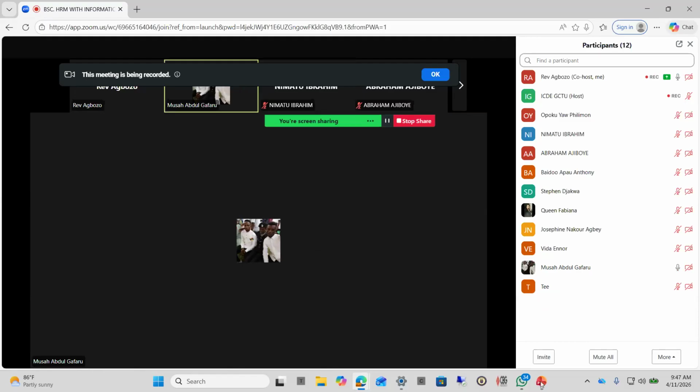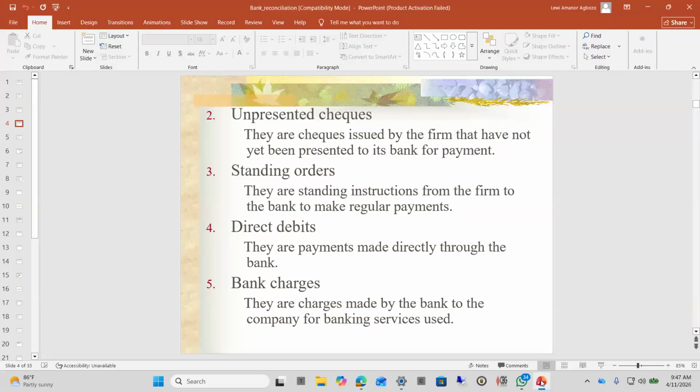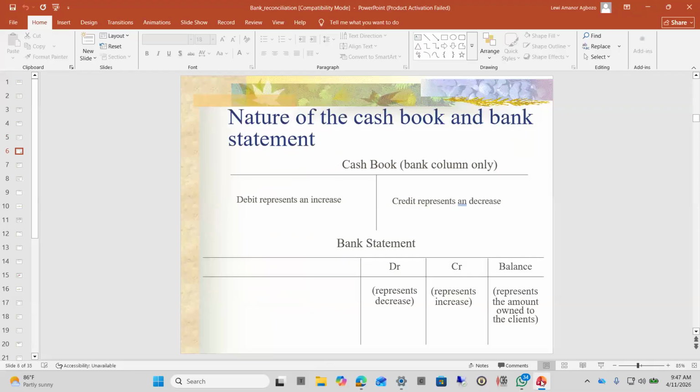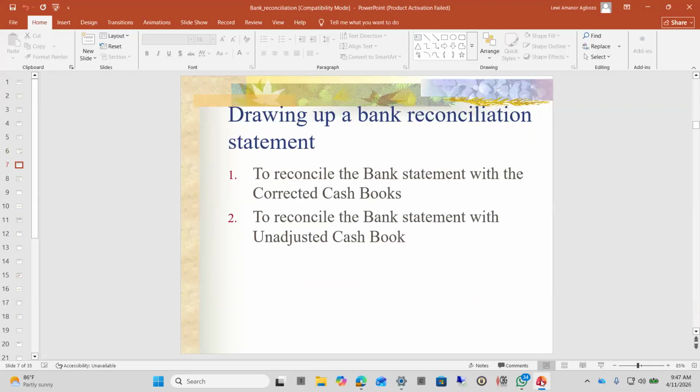Okay. All right. So, in brief, those are the reasons you need to do the bank reconciliation. Now, in drawing up your bank reconciliation statement, you are to reconcile the bank statement with the corrected cash book balance, or with the unadjusted cash book balance.